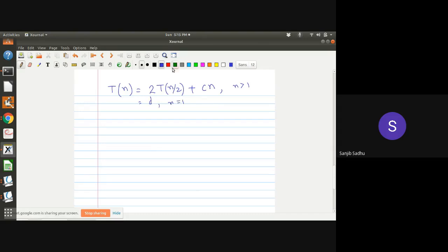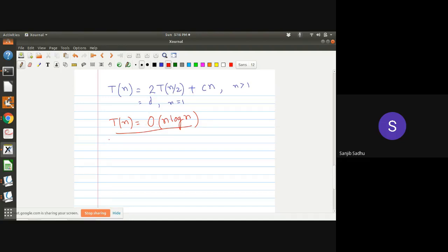We will say the solution is big O of n log n. Please remember this. This is very important, because you will face this type of recurrence equation many times, and you will get this solution.